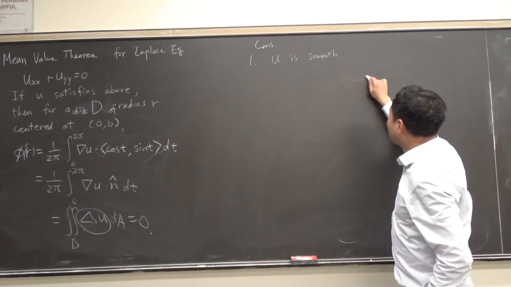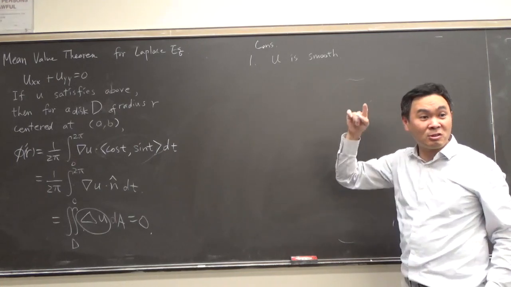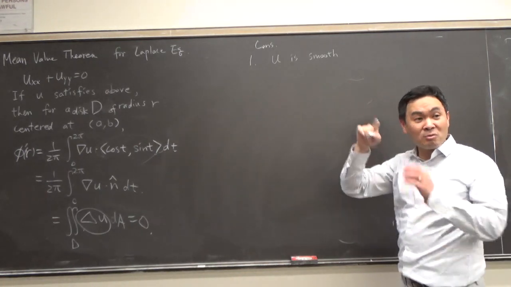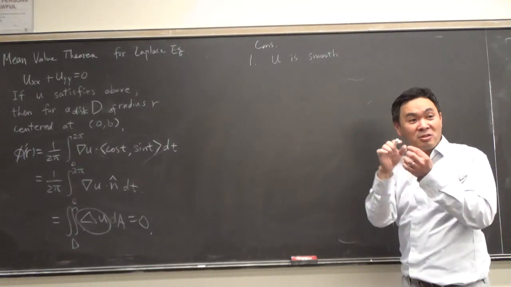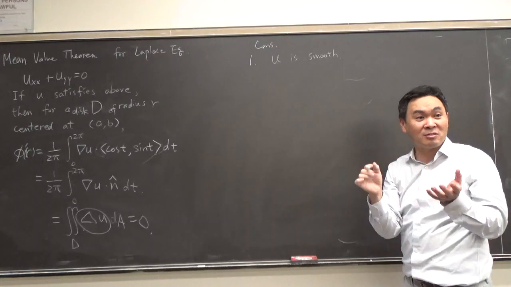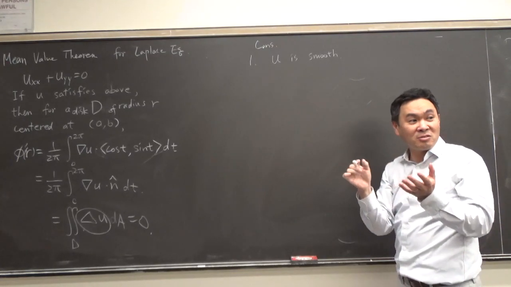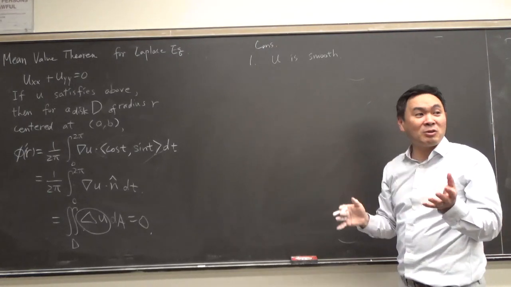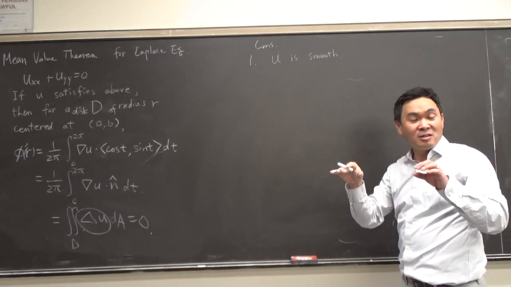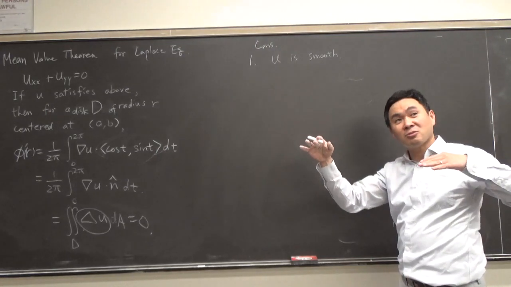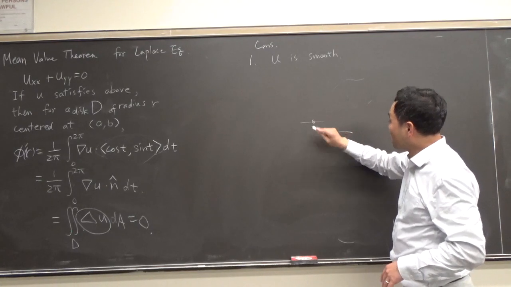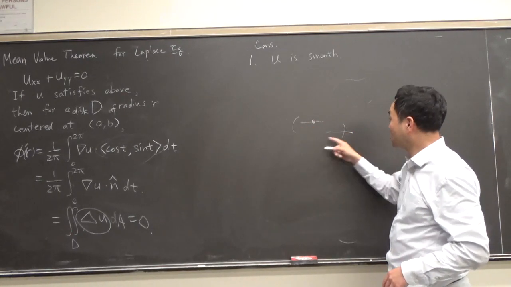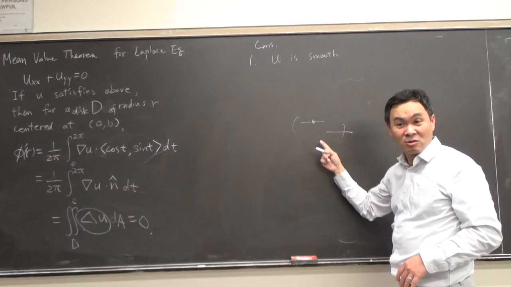look at the graph of something. Can it have a jump discontinuity? No, if you have a jump discontinuity, you can't have the fact that at every point is the average of the nearby values. That's not true for places that, I mean, it might be true in 1D. No, that's not even true. If you have a jump discontinuity, this point has to be the average of this, but that's not true if you have a jump discontinuity, right?